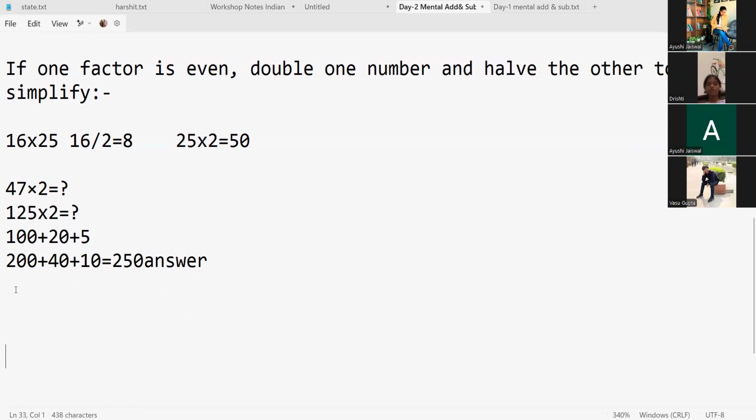67 multiplied by 2, right? So 60 times 2. See, if any number has a 0, do not fear. Just write 6 times 2 is 12 and one more 0, so 120. 120, right?